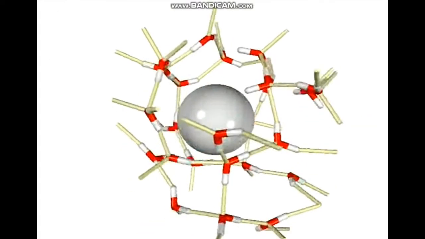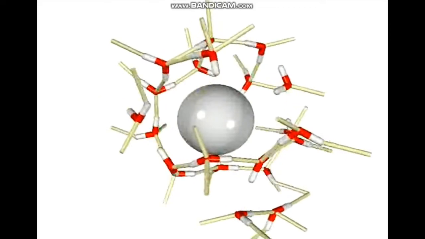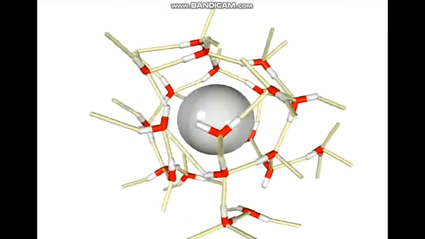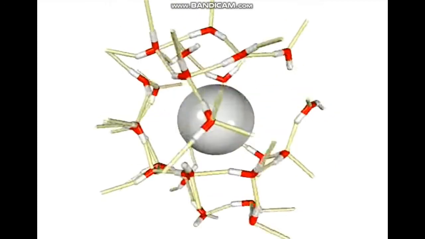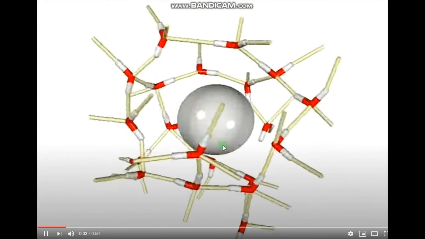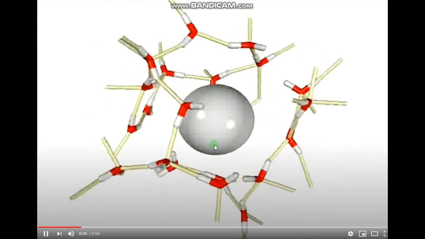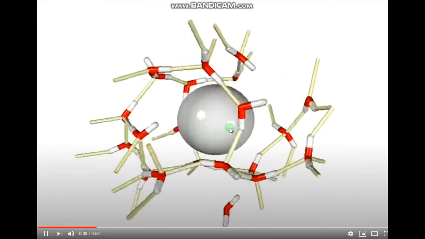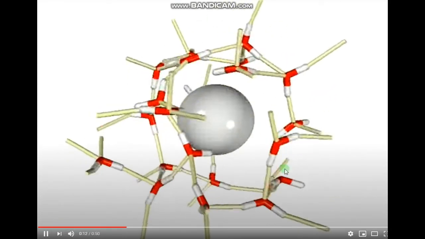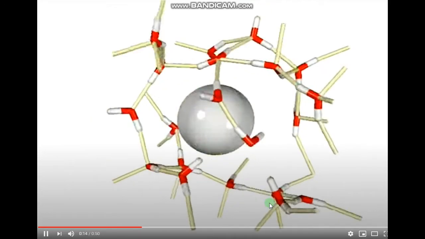Now you can begin to understand this slightly strange behaviour in terms of enthalpy and entropy if you look at this molecular dynamics simulation. So what we've got here in the middle is a xenon atom. So this is our nonpolar particle. And surrounding it is a bunch of water molecules. Now this video is slightly confusing.